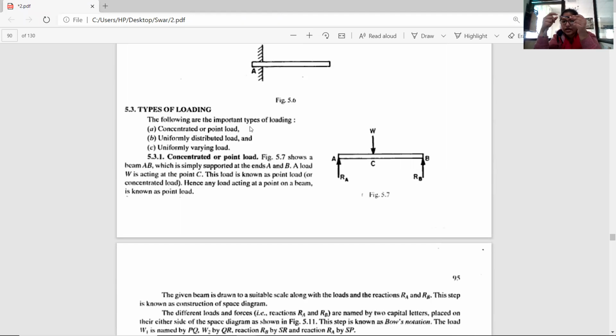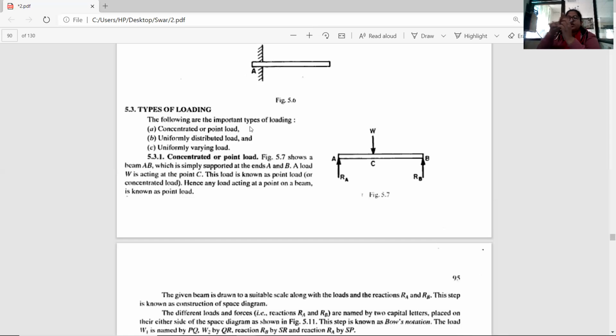If I talk about the uniformly distributed load, which we also say UDL, then my loading is applied parallelly and equally all over this body. So all the points are carrying equal and uniform loading, which is given to this body by this load system.